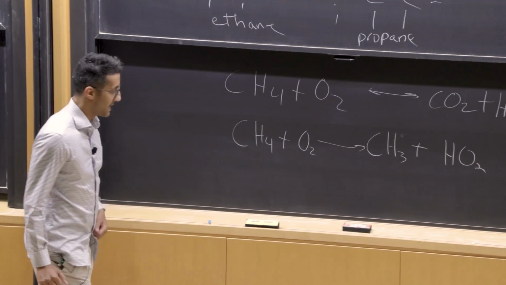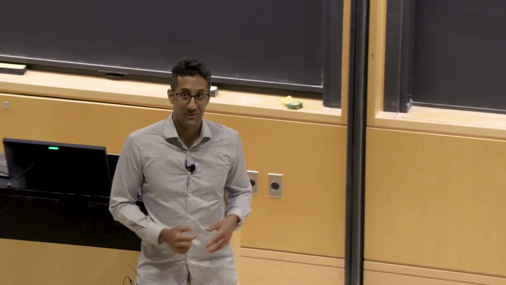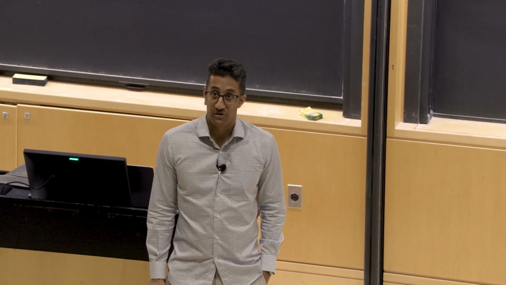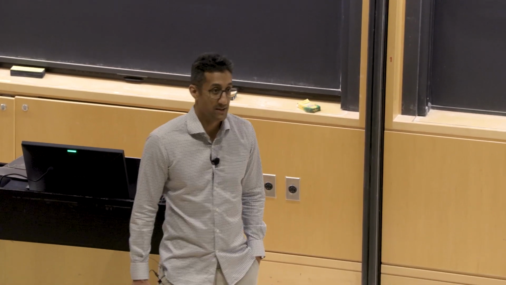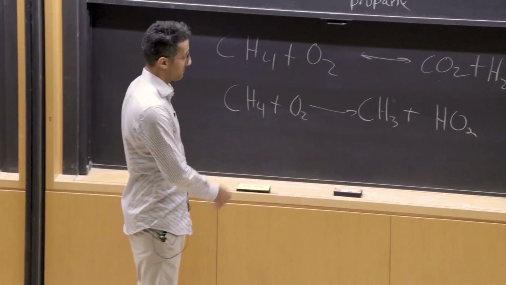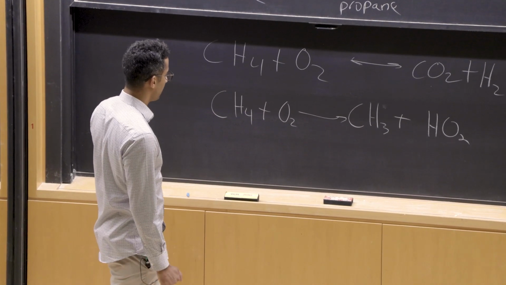This would be an elementary reaction. How do you know? Well, I'm telling you it is. You would only know if you were to determine that this undergoes a unique transition state. You could calculate it, but people have calculated it many times. So this reaction could go through a single transition state.